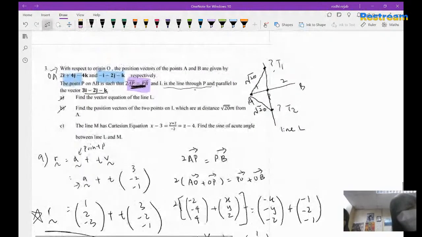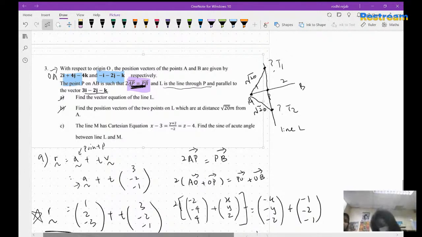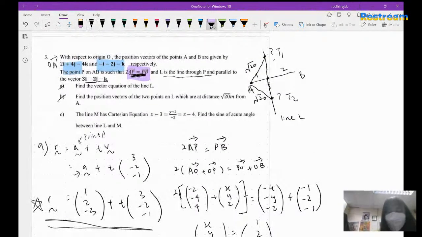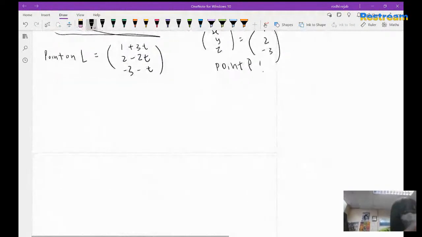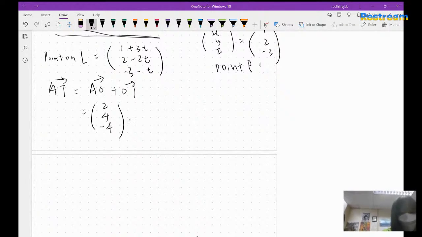Now we can see here AT. Okay, so now we're going to find this AT. AT is equal to AO plus OT, right? So AO is 2, 4, negative 4, and OT is the point on L.